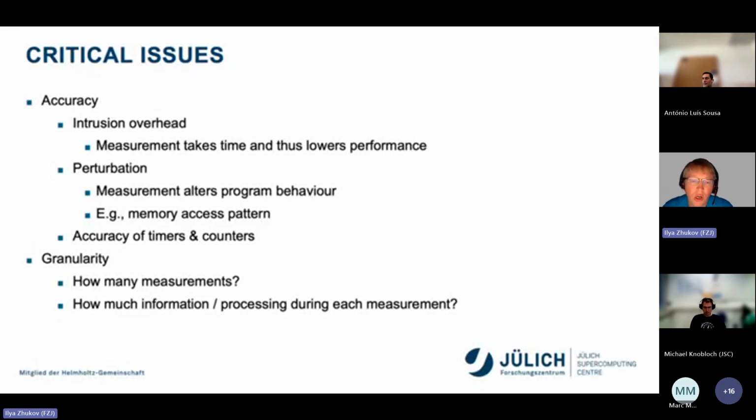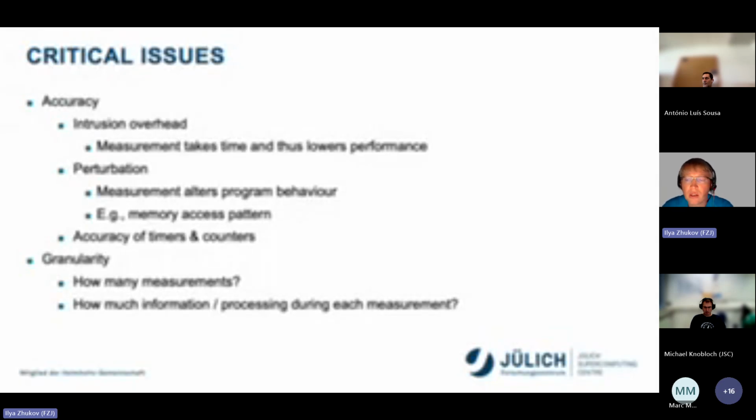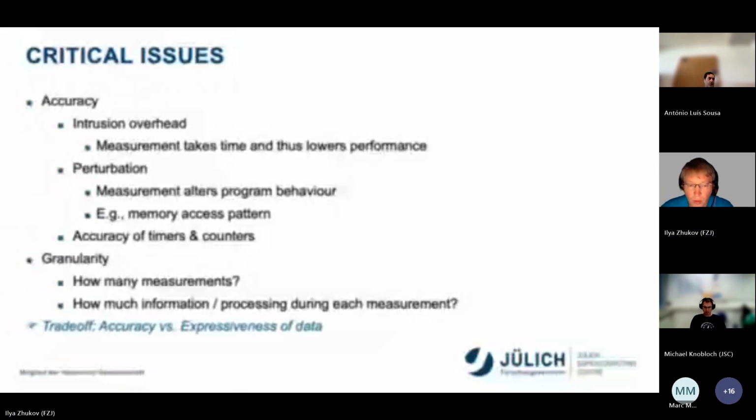That's why you have to consider how much information you need and how many measurements you need to do. This is again a trade-off between accuracy and expressiveness. So you have to tune your measurements for your needs, so that it is accurate and you get enough information to do some optimization.